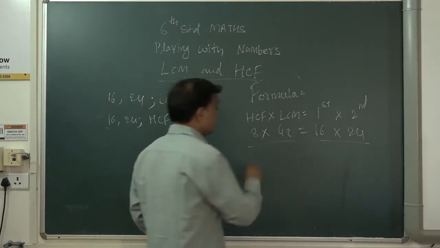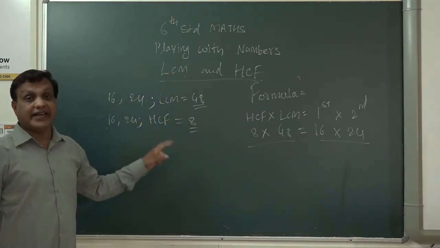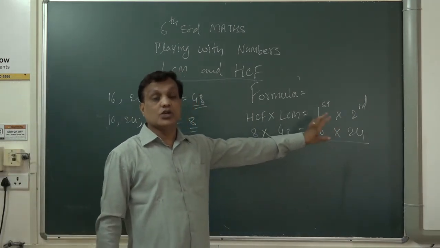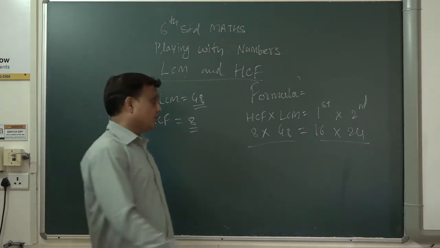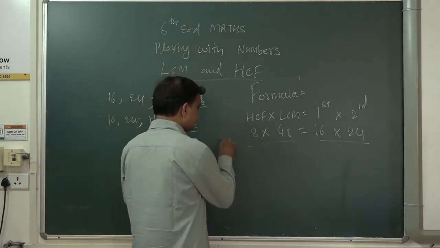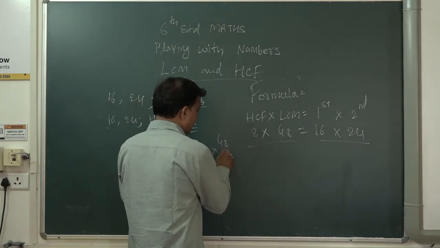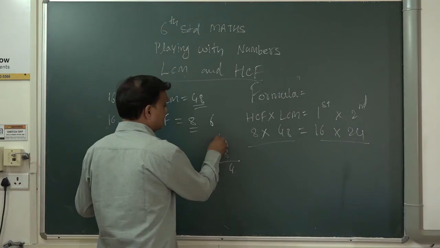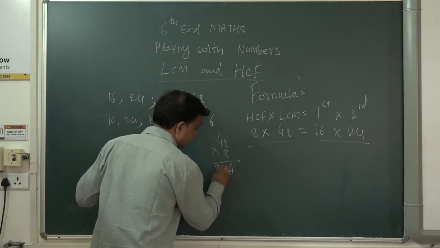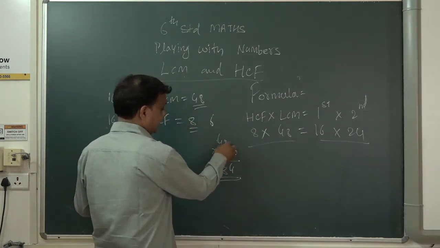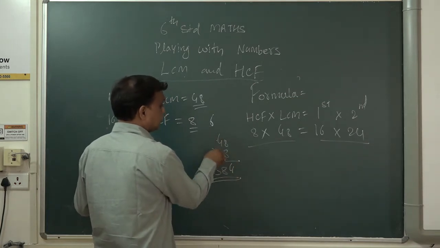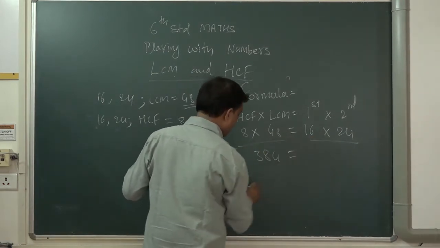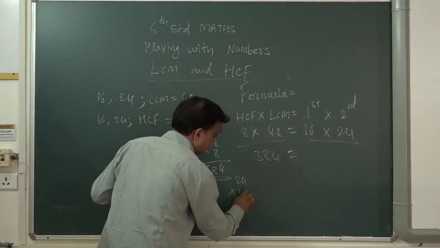If you check, you multiply LCM and HCF, and you multiply first number and second number, you will get the same result. So what is the answer? 48 multiplied by 8. 8 8s are 64, carry 6, 8 4s are 32, 32 plus 6, 38. So this answer is 384. And here we will check 24 multiplied by 16.